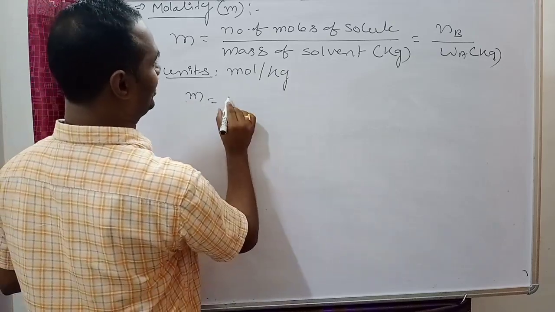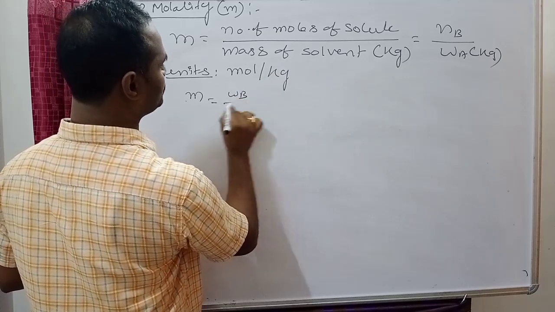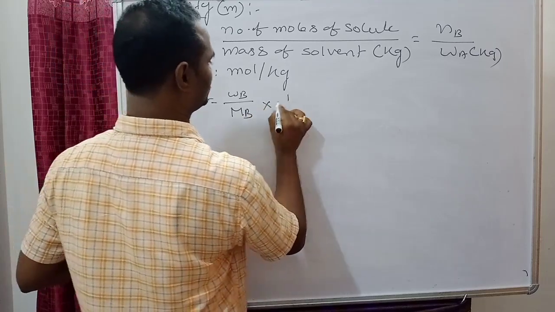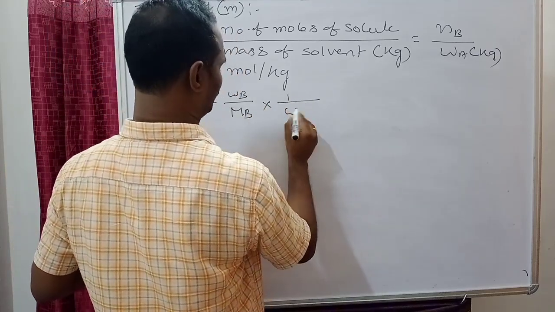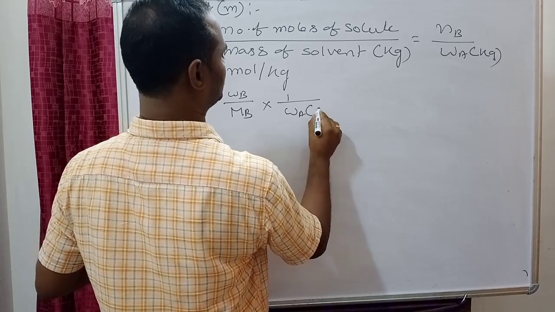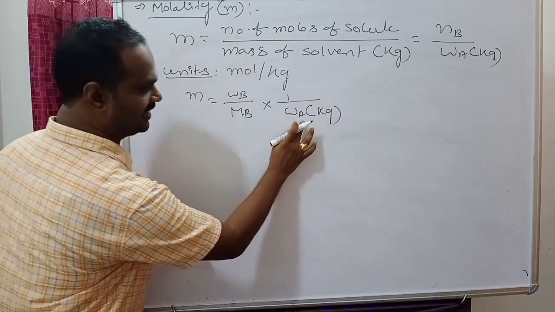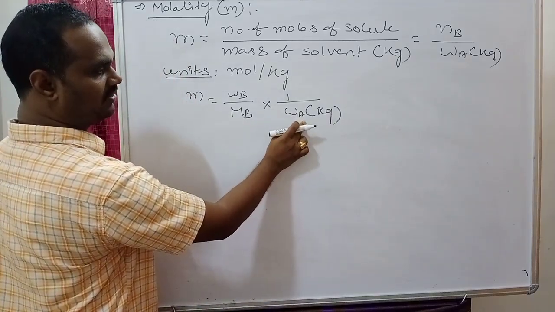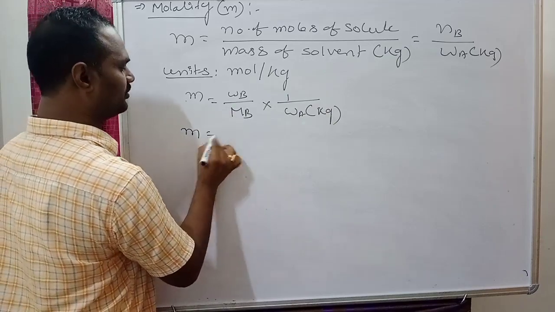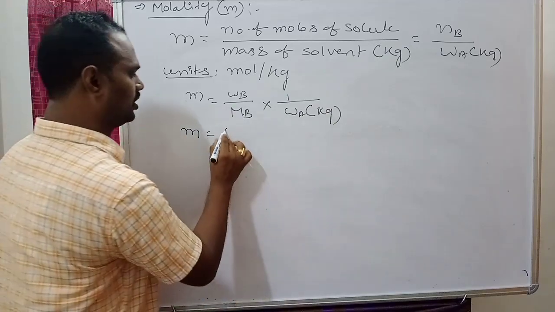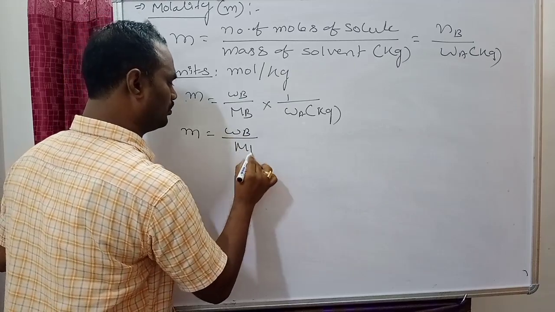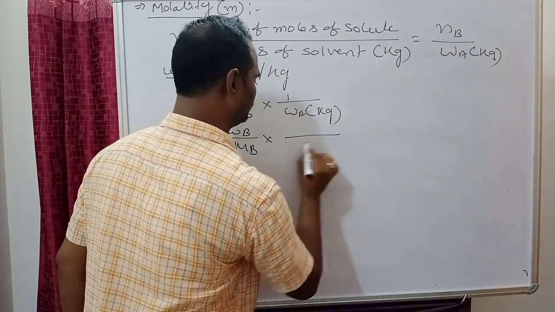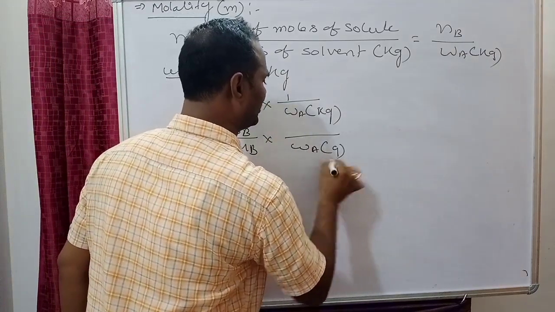Now come to here. Molality is equal to number of moles of solute, mass of solute by its molar mass, into 1 by mass of solvent in kg. A indicates solvent, B indicates solute. WA is the mass of solvent in kgs. Suppose the mass of solvent is given in grams, what do you have to do? Mass of solute by molar mass of solute into mass of solvent given in grams.